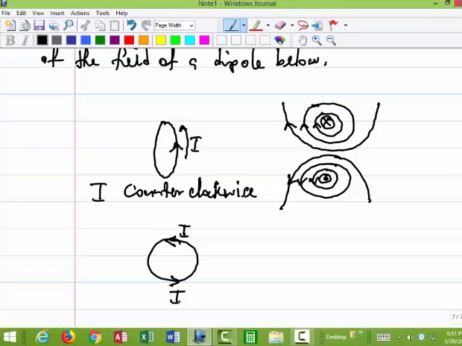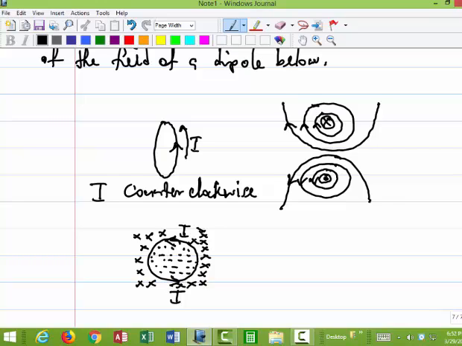If I grab it with my right hand, then inside here the field is coming out of the board, and outside it's going into the board. So the field is into the board outside of the loop and out of the board on the inside, by right-hand rule.